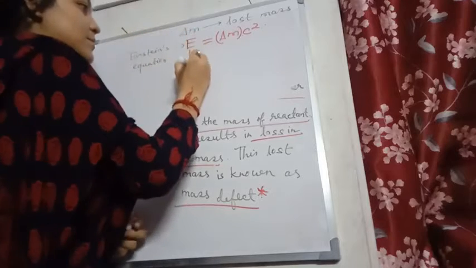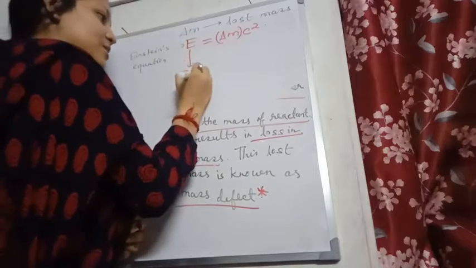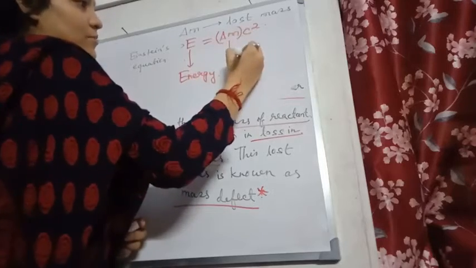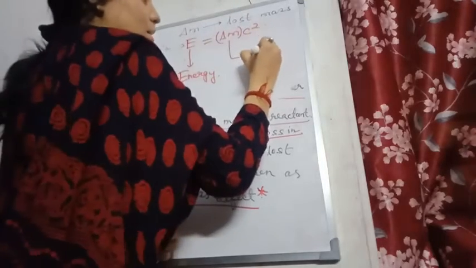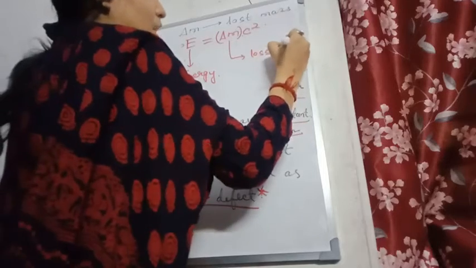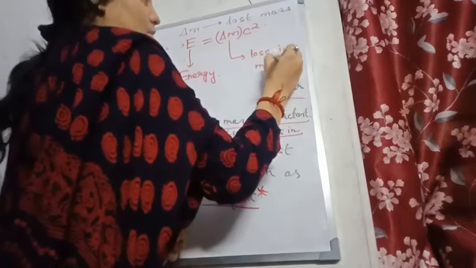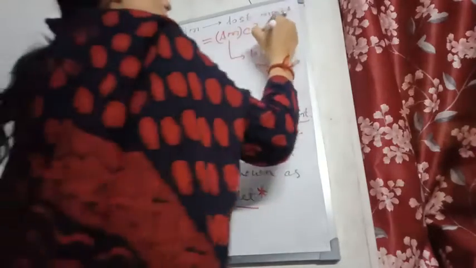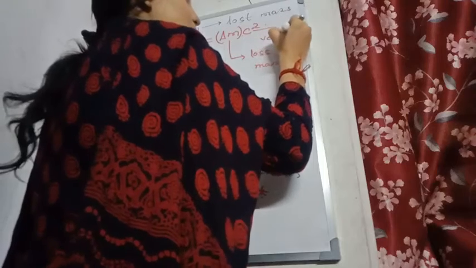E is energy, delta M is the loss in mass when reactants form the products, and C is the velocity or speed of light.